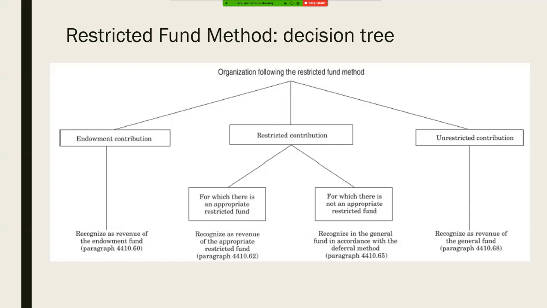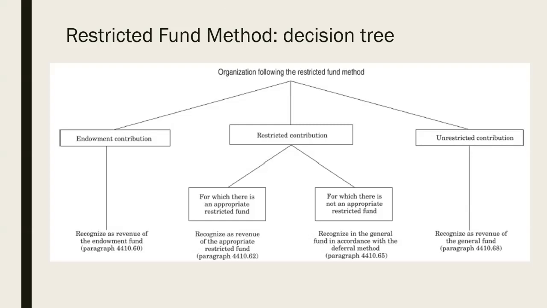Now, you may wonder, why not create a new fund? Very well, that can be done. That would simply mean there is an appropriate fund newly created, and the amount received can be recognized as revenue right there. Sometimes there could be circumstances where it may not make sense. An example of that might be the not-for-profit organization, suppose, is celebrating its silver jubilee, 25th year anniversary, and it's going to conduct a gala event for that purpose, and it was raising contributions for that particular purpose.